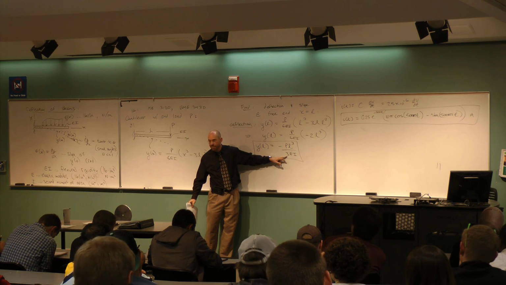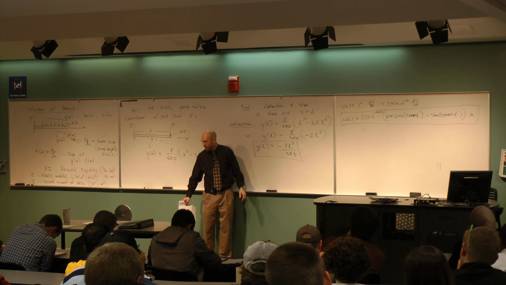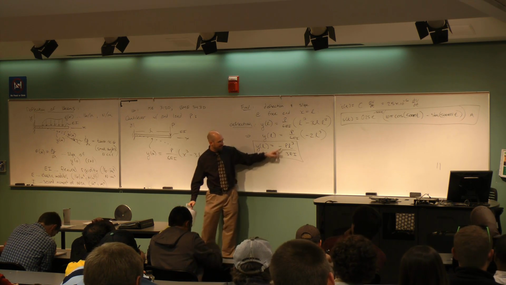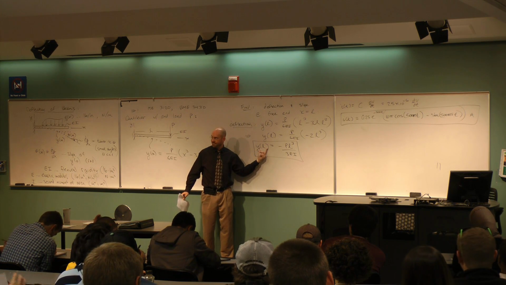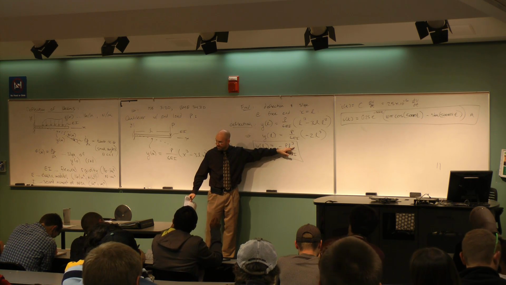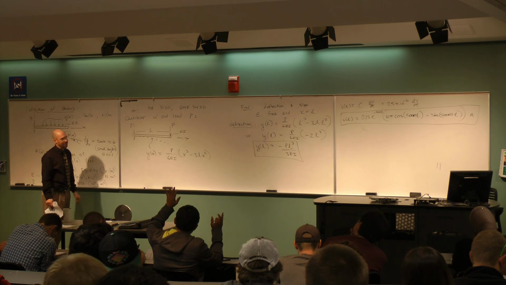That's the same statement as saying the stiffness of that beam, like a spring, F equals K times X. The F is the P, the X is the deflection, and the stiffness is 3EI divided by L cubed. So that relates how much I deform relative to the load.